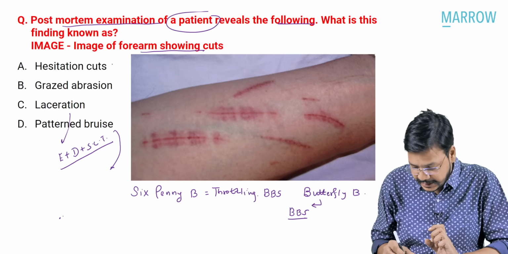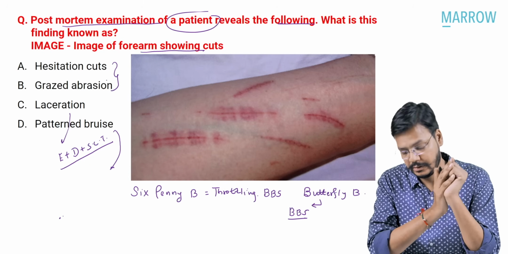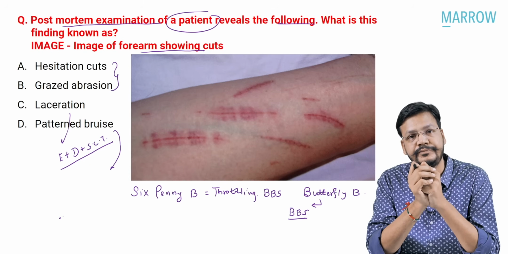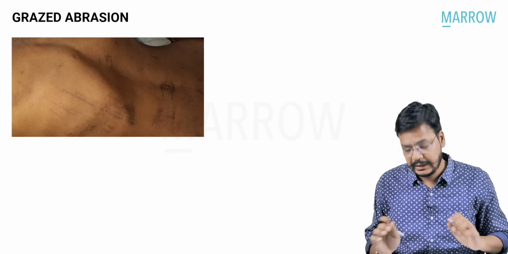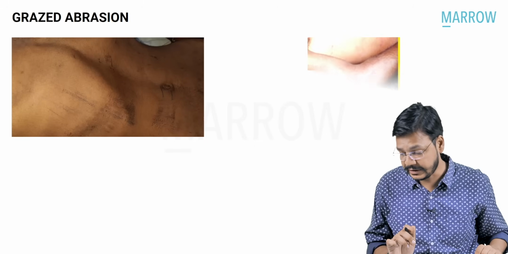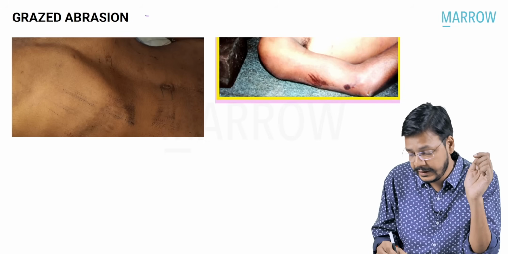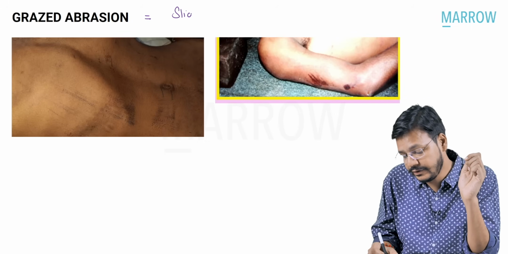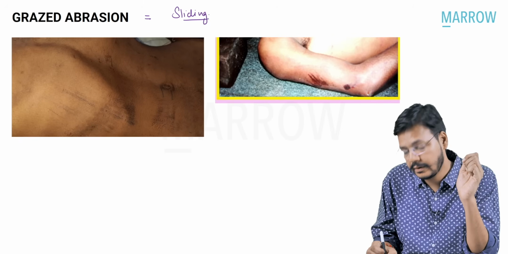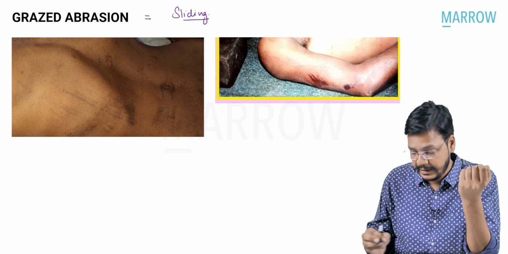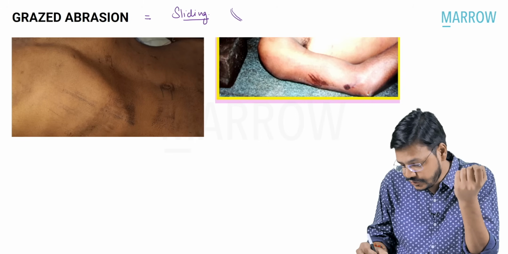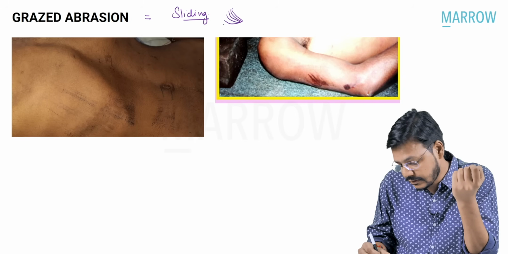Now the only options left are hesitational cut or grazed abrasion. The grazed abrasion is caused by grazing on the surface, a sliding abrasion. If you slide on the surface, it's a grazed abrasion, and we'll see an accumulation of lines.